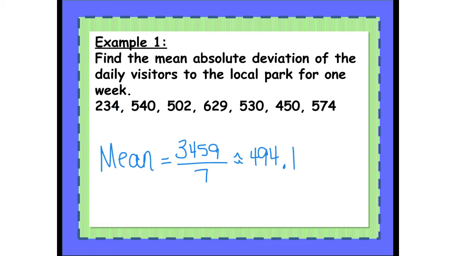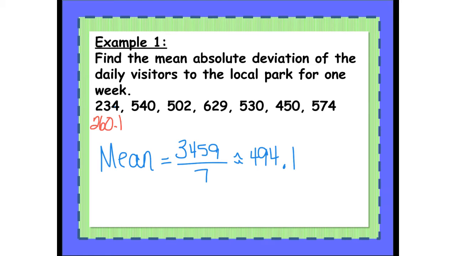So you're going to want your calculator. I go to the first number, 234. On my calculator, I do 494 and 1/10 minus 234, and I get 260 and 1/10. I'm going to write it right underneath it. Now the next one is 540.